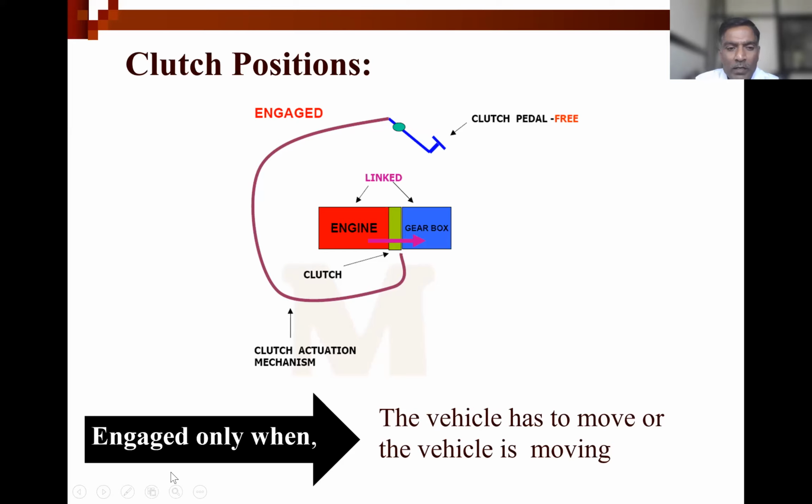So when engagement of the clutch is required, to have the vehicle move, or to keep the vehicle in moving condition, for that the clutch is engaged. So the majority of the time the clutch is in engaged position.